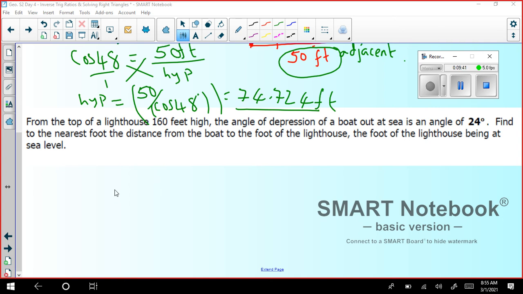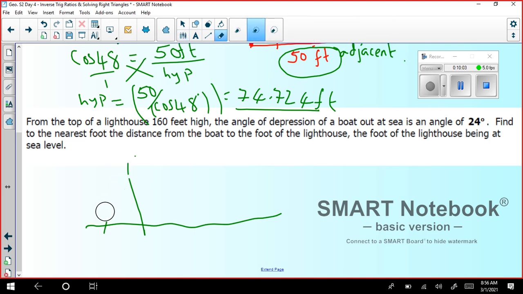Okay, I have water here, and let me take this to be my lighthouse, which is straight.